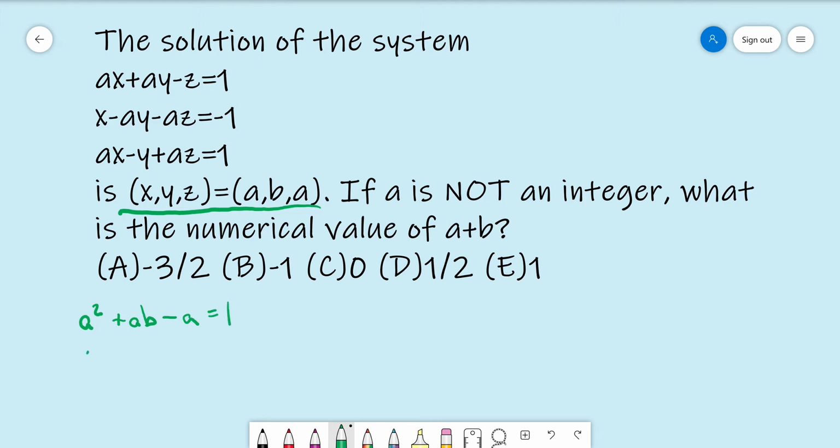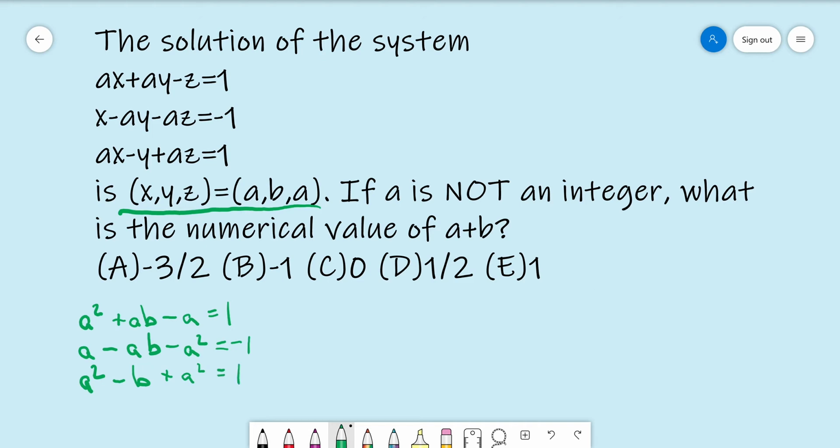The second equation is a, x equals a, minus y equals b, so that would be ab, and minus z equals a, so that would be minus a squared, equals negative 1. And the last equation is a times x, well, x is a, so that's a squared, minus y is b, so that's minus b, plus az, where z is a, so that's plus a squared, all equal to 1.